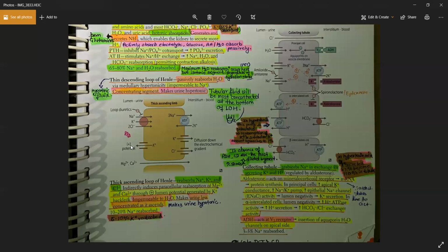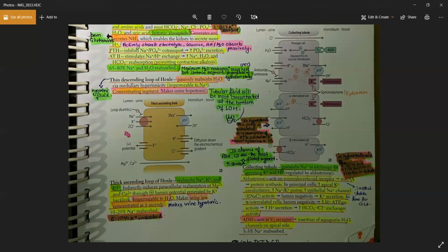Isotonic, hypertonic, or hypotonic? Hypotonic, right? Because I'm absorbing all the solutes. So free water will be present more as this filtrate passes through the ascending limb, right?